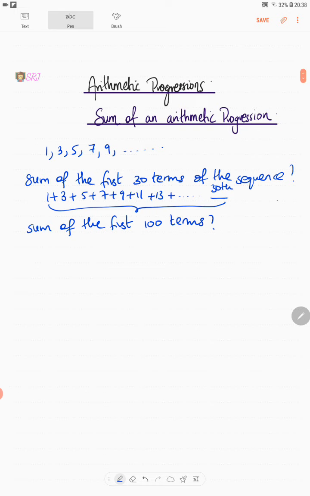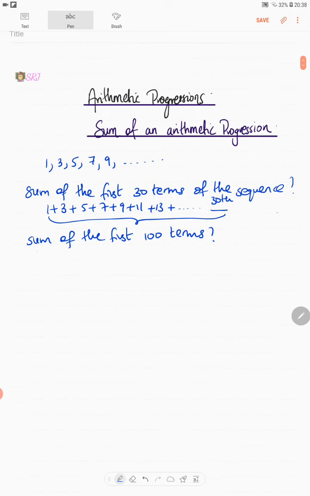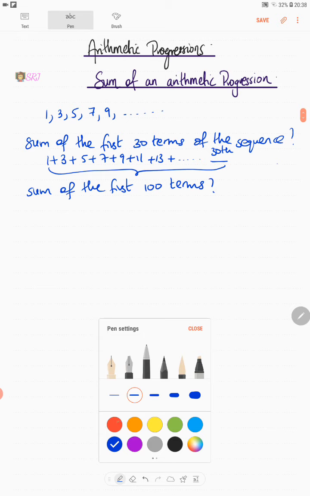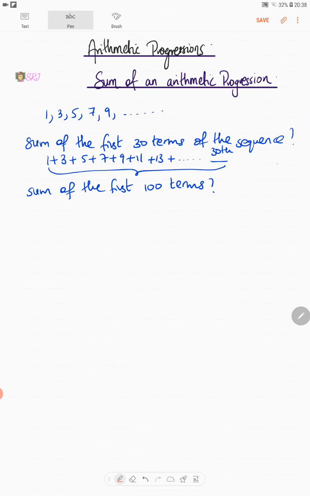So, these two formulas are, so first of all, let's proceed with the notation. Here we have Sn, which denotes the sum of the first n terms.